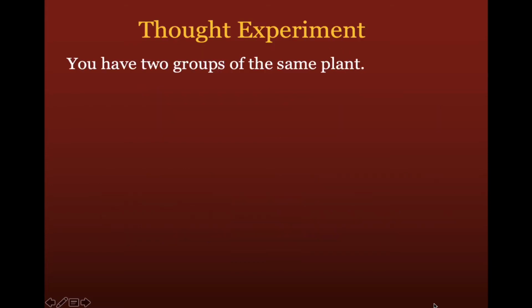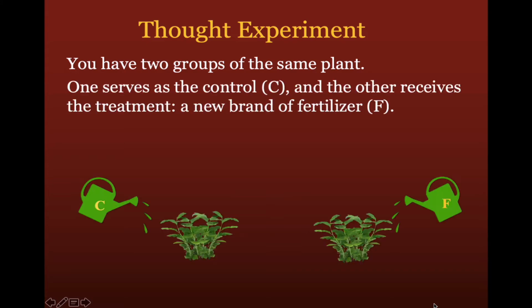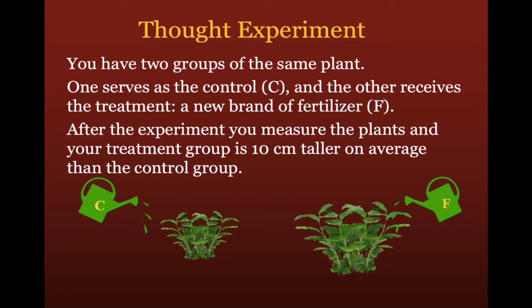So a thought experiment. Let's say you had two groups of the same plant. One is going to be our control condition, and the other is going to receive this new fertilizer. So we have our control condition on the left, the fertilizer on the right. Then after the experiment, you measure the plants of both groups, and you realize that your treatment group, the ones that got the fertilizer, are 10 centimeters taller than those in the control group.